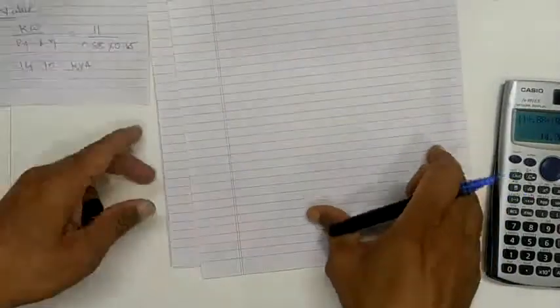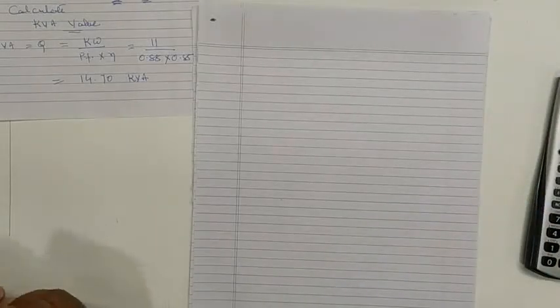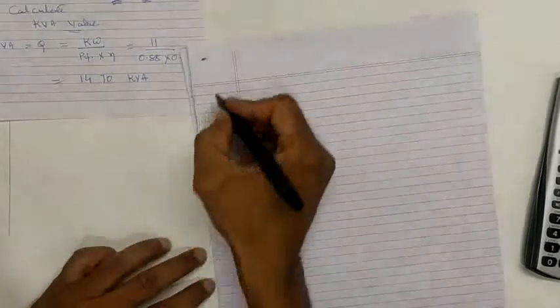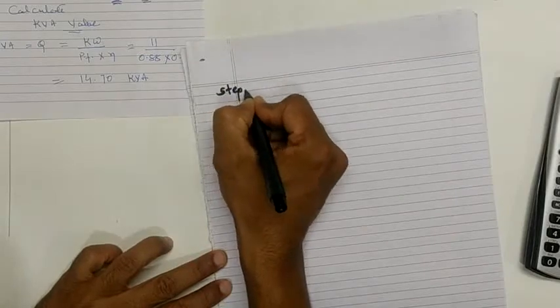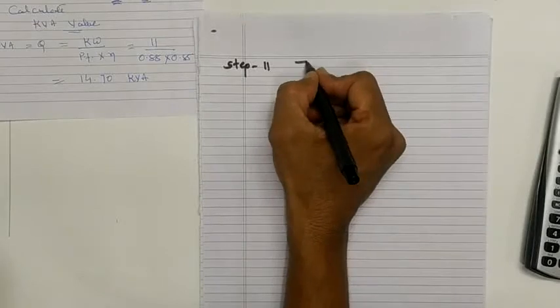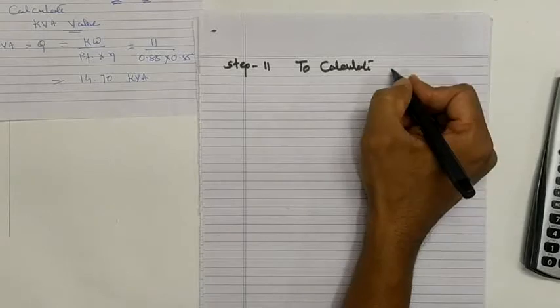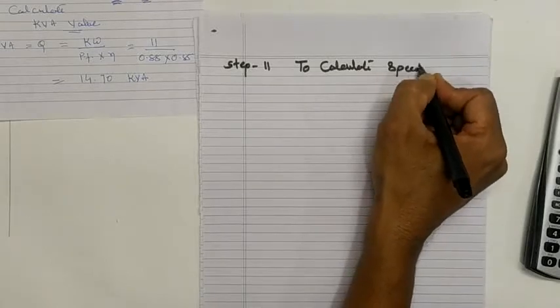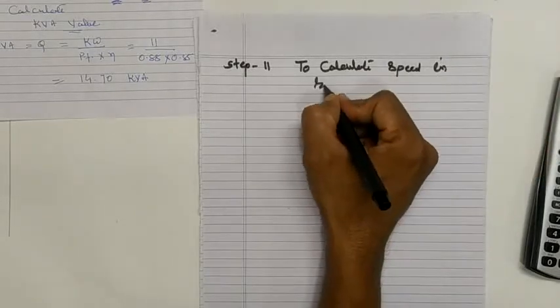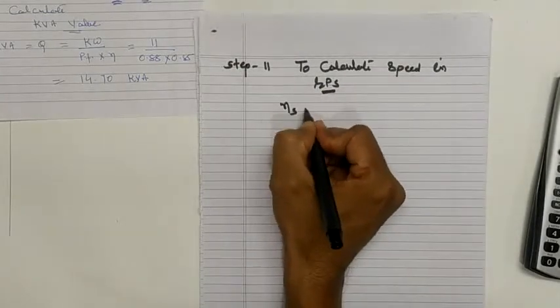Then the second step. Step number 2 will follow certain steps. When you calculate, you should know how to proceed further. So step number 2 is to calculate speed in RPS, that is revolutions per second.